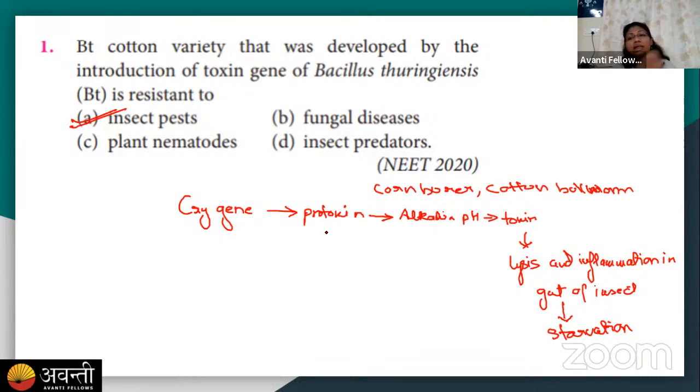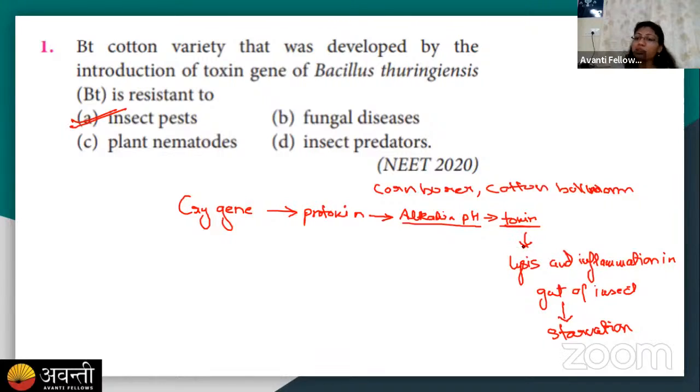Whenever the insect bites the plant, these toxic granules enter the mouth of the insect. When these crystals of toxin come in contact with the alkaline pH of the insect's gut, they get activated. They get converted into the active toxin.